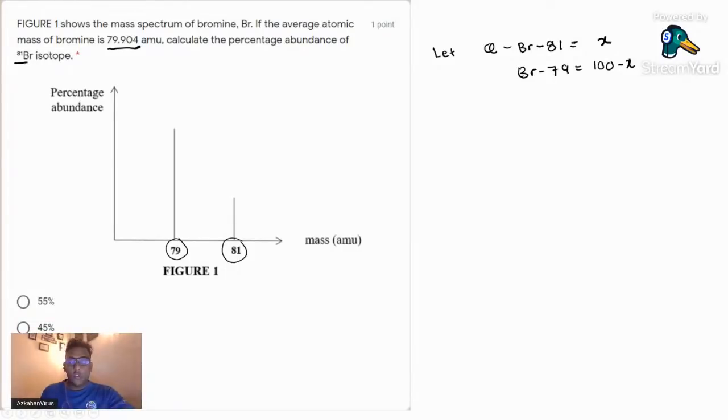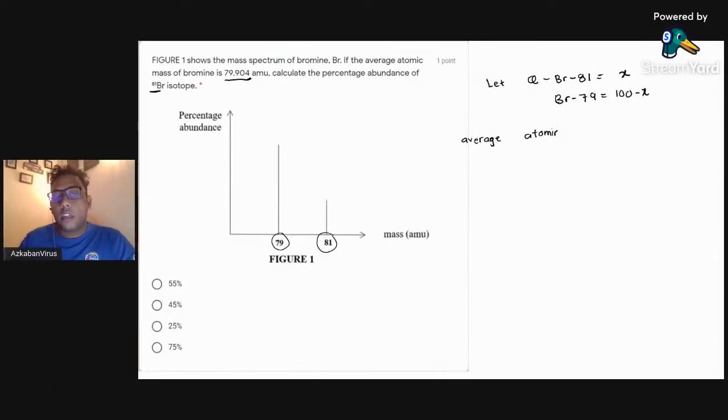Okay, so from here, apa kita buat? Kita tahu formula average atomic mass, okay, average atomic mass is equal to sum of isotopic mass times abundance divided by 100. Average atomic mass kamu adalah 79.904.